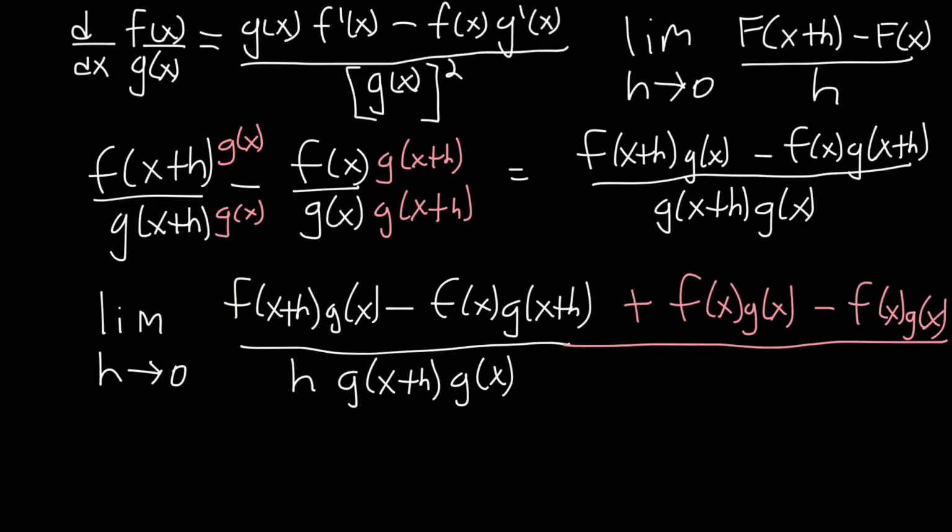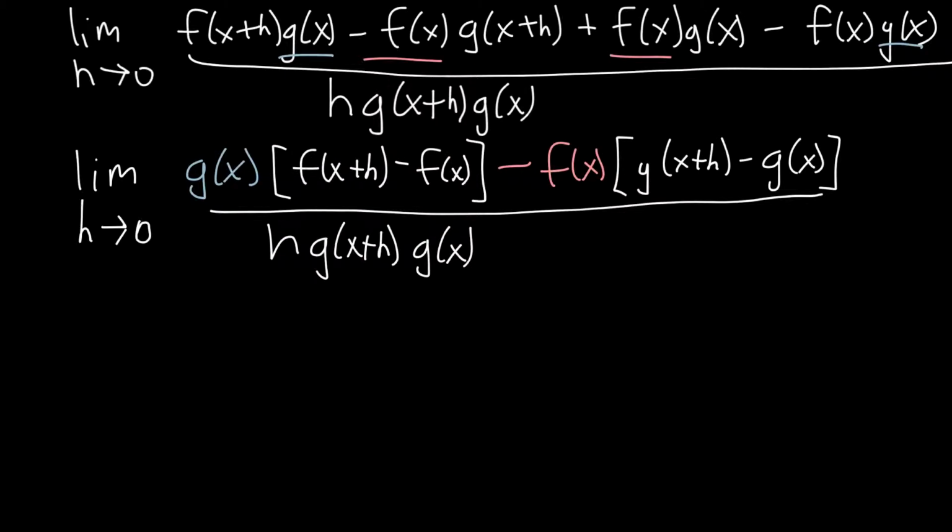And that would start to look like the derivative of f of x. Similarly here, we have g of x plus h and g of x, both with a common term of f of x. If we were to find a way to factor that out, we would also have g of x plus h minus g of x, which would start to look like the derivative of g. So let's do that on the next slide.